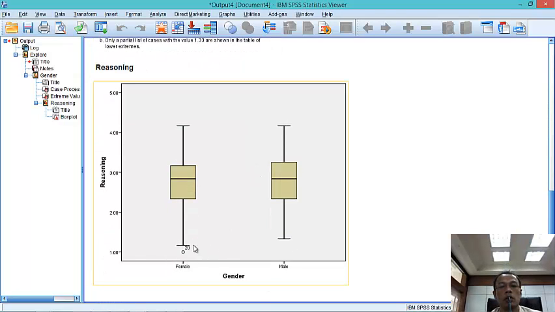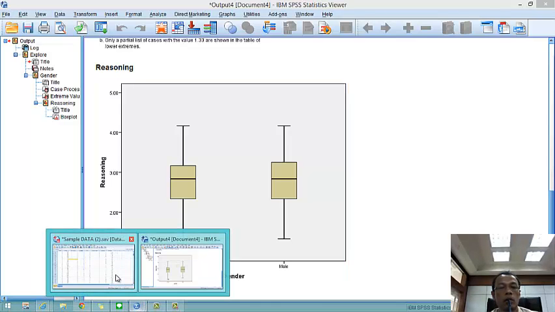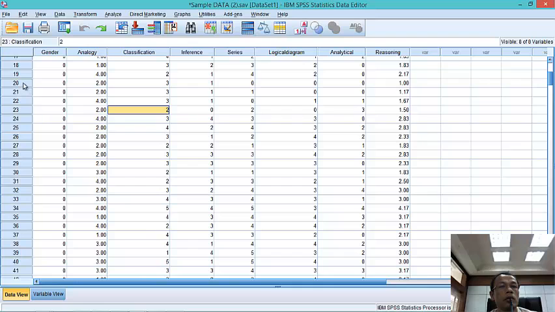And then you can see this point, this is an outlier. This number 20 is the case number. So case number 20 is an outlier. We go back to the data, and you can see this case 20.